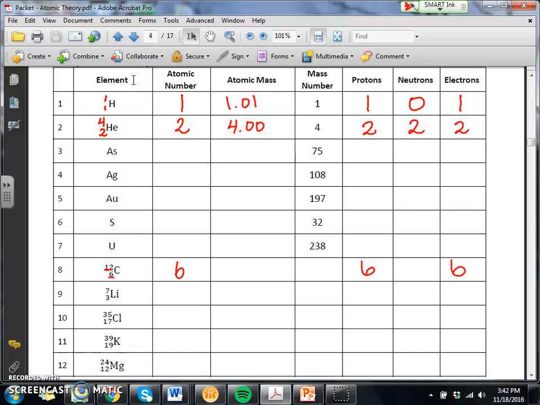The mass number is 12, so I can fill that in here. And if I look on my periodic table, I see that carbon has an atomic mass of 12.01. If I would like to figure out the number of neutrons, I'd say 12 minus 6 gives me 6 neutrons. So that is how we would complete these types of problems.